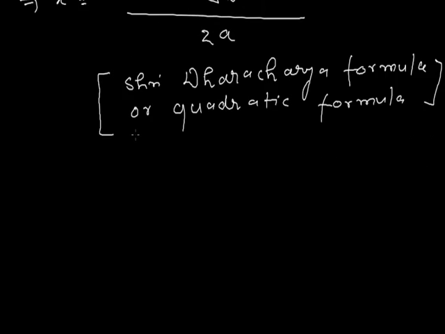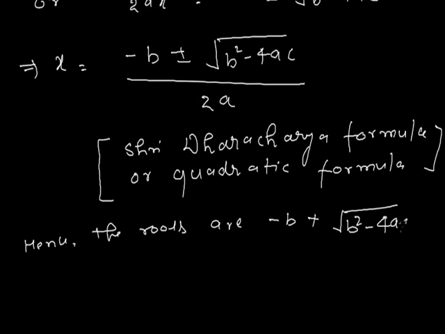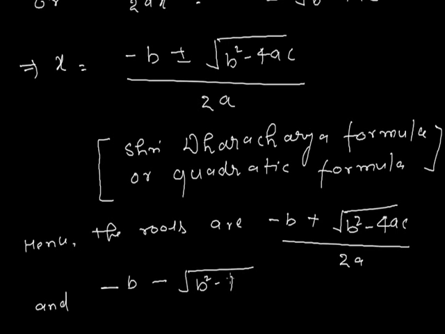Here the roots of the quadratic equation are minus b plus square root of b square minus 4ac upon 2a, and minus b minus square root of b square minus 4ac upon 2a.